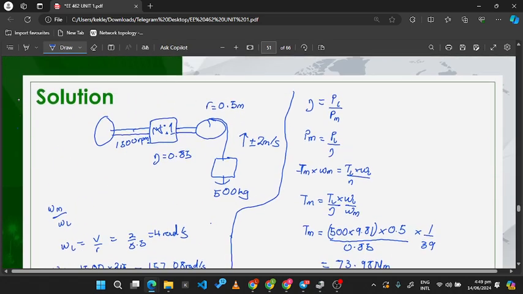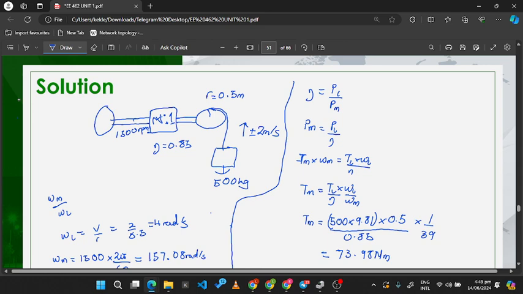Then the second part says when it is lowering the load at the maximum velocity. When it's lowering the load, it's moving in this direction, at negative 2 meters per second.